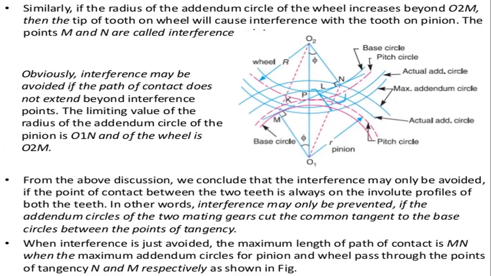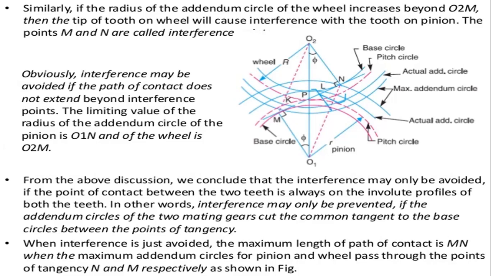From the above discussion, we conclude that interference may be avoided if the point of contact between the two teeth is always on the involute profiles of both the teeth.